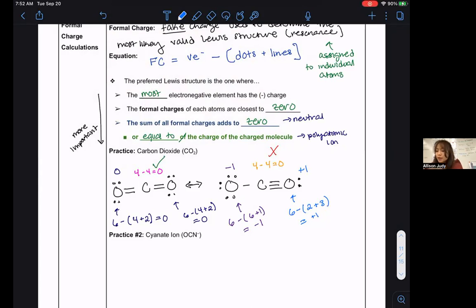And two, why would I choose a structure that gives me something above 0 when I can achieve what I want to achieve, octet rule, duet rule, and so forth, with a structure that keeps me at 0, both individual formal charge and sum formal charge? So this is why this structure of carbon dioxide is considered the preferable one.